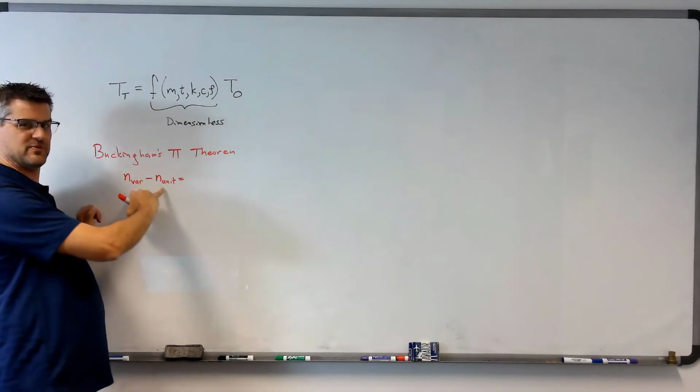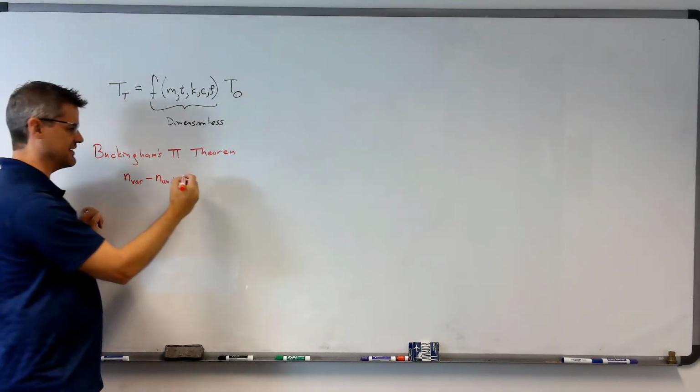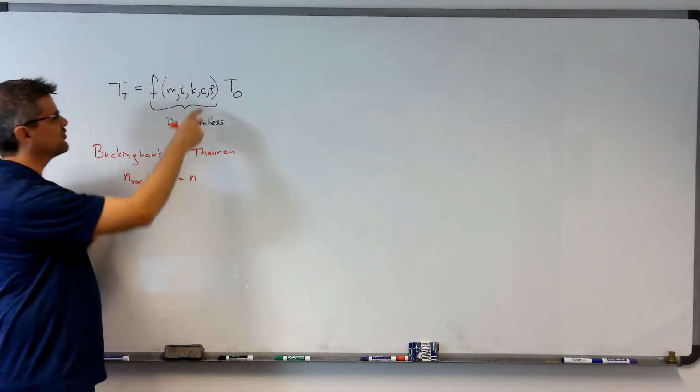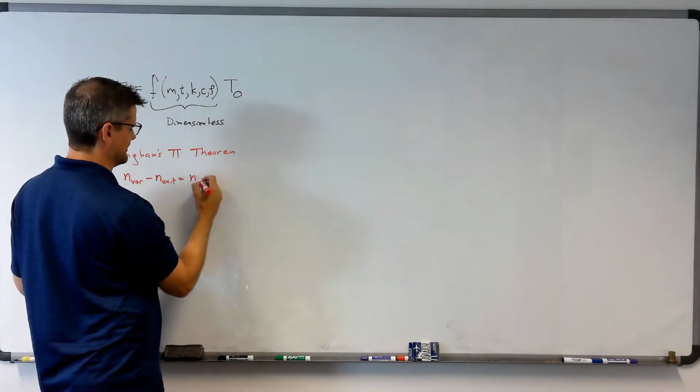The difference between those, not the absolute value, but the difference between these is going to be the number of ways that you can group these variables together to get something of a dimension that you care about.